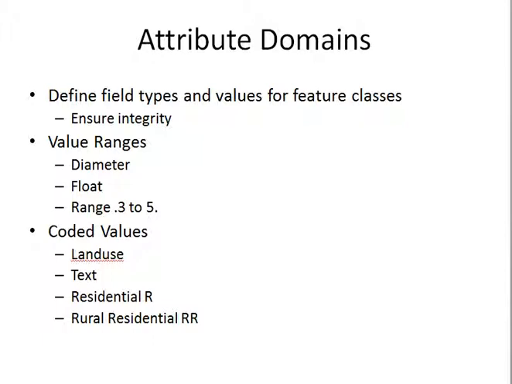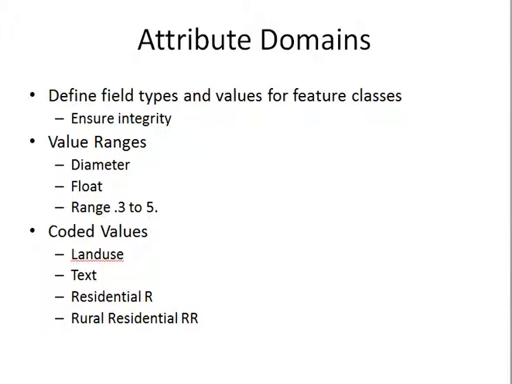So I can set pipe diameter ranges so that people don't inadvertently input incorrect information. So you can have domains that have range values or coded values. So a range value says my diameters of my pipes are going to be from 0.3 to 5. So if I accidentally type in 0.2, it won't let me enter that information.